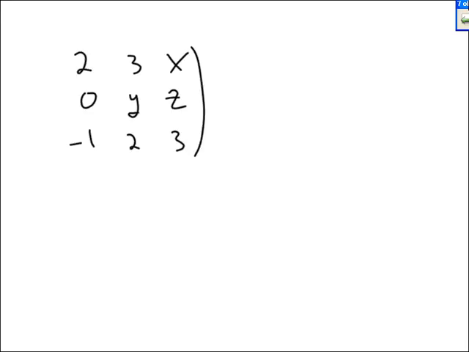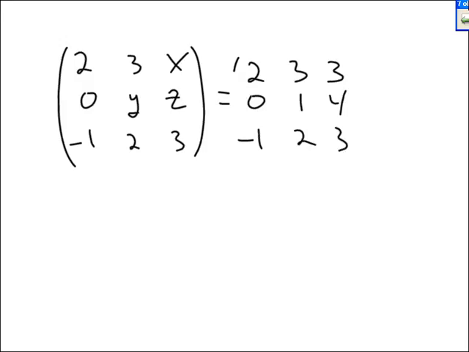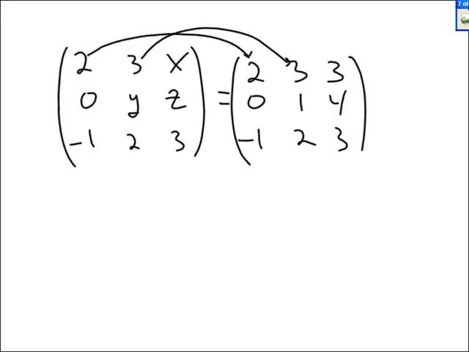If you come to know that the matrix 2, 3, x, 0, y, z, negative 1, 2, 3 is equal to 2, 3, 3, 0, 1, 4, negative 1, 2, 3, well, every entry has to match. These have to be the same, and they are. These have to be the same, and they are. These have to be the same. That is, x must be 3.